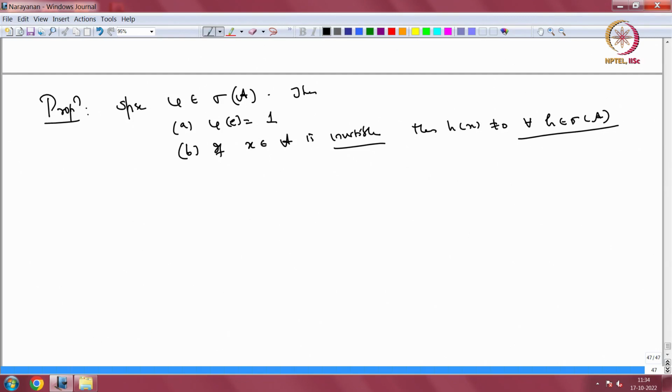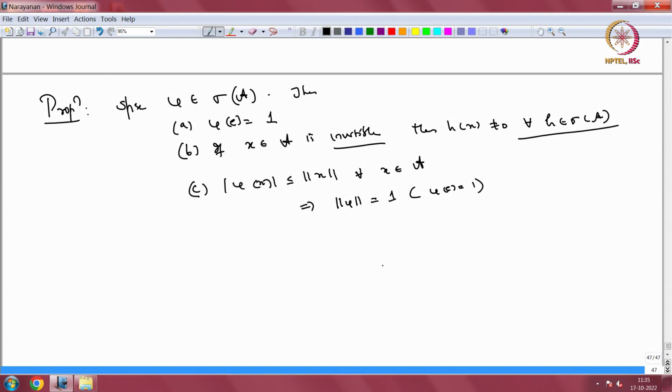Okay. (c) Modulus of phi of x is less than or equal to norm x for every x in A, which implies the norm of phi is actually equal to 1, right, because phi of E equal to 1. So, it is less than or equal to 1 is the inequality in C and it is equal to 1 because identity goes to 1. So, the norm of any multiplicative linear functional is actually 1.